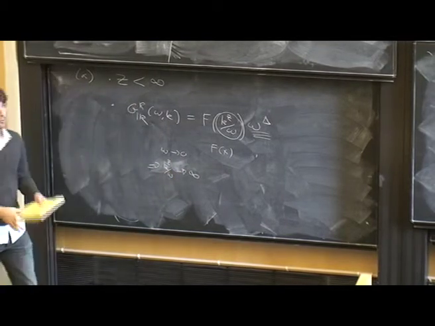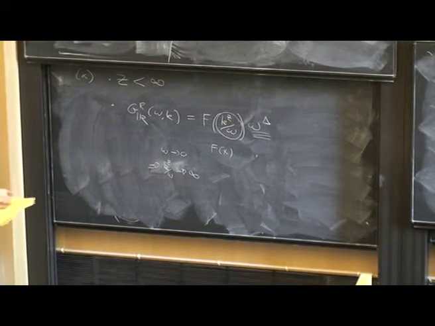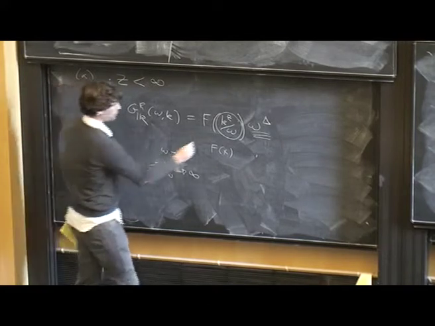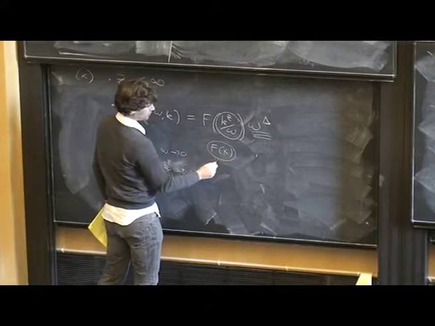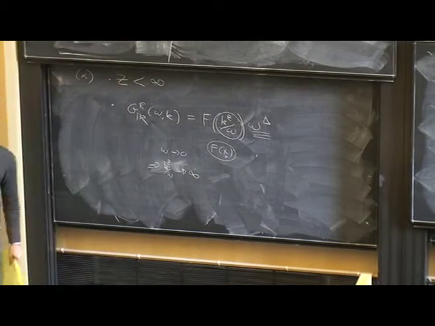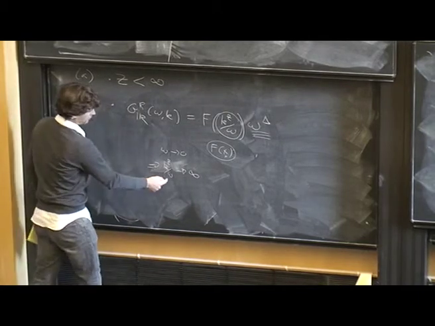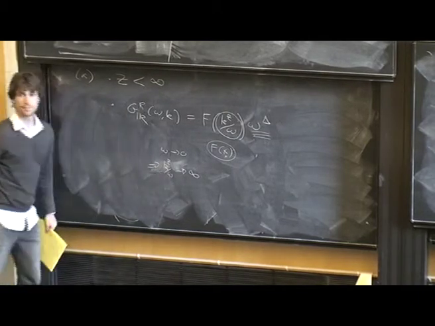We're at fixed k. Remember the name of the game is we're looking at how the spectral weight is distributed as a function of k at low energies. So what we want is to know how this function behaves at large x. That's the same as fixing omega and setting k to infinity.